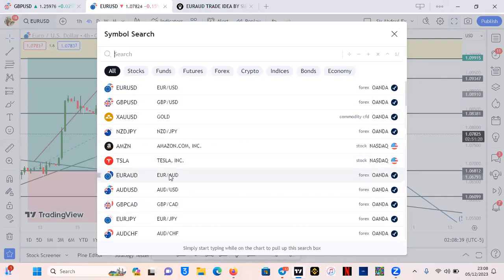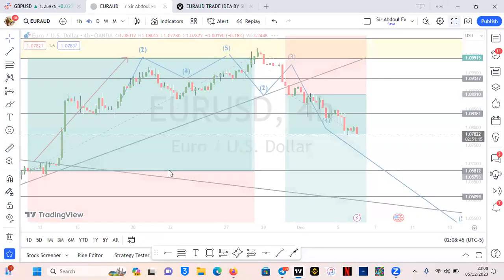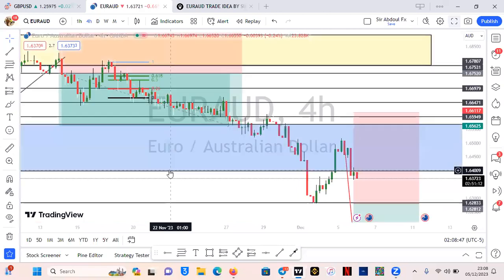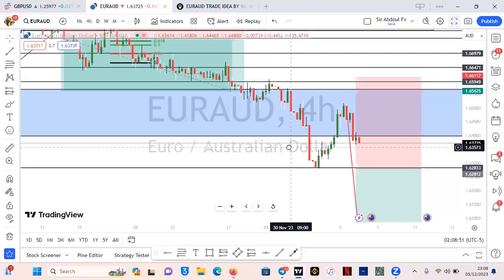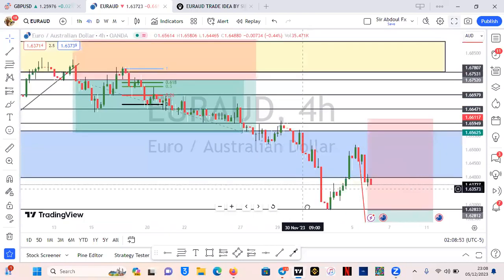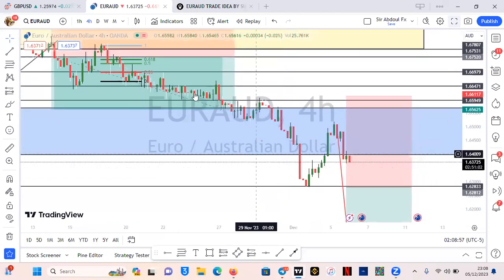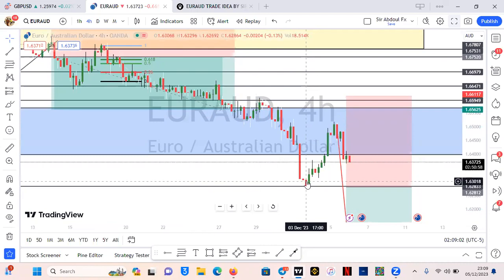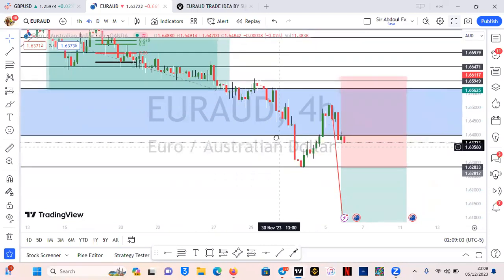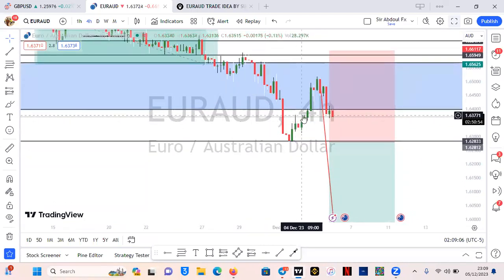All right, Euro AUD. So Euro AUD, I finished selling here around here, and then the market broke below my major level, as I always tell you, and then went back for retracement to retest the major level.